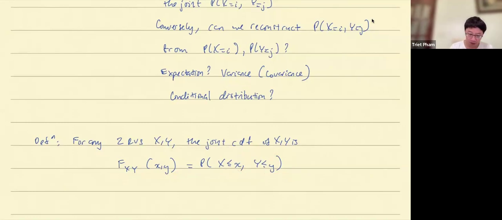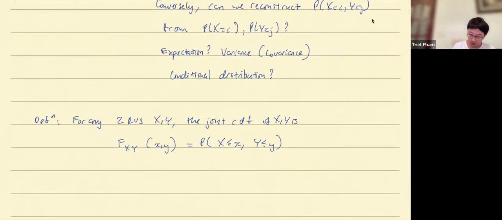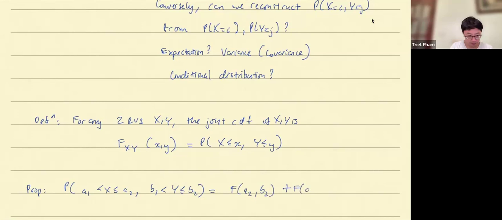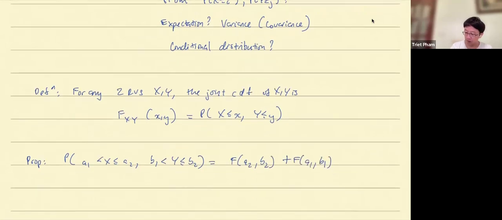Maybe something like this is obvious, but proposition: the probability that A1 is less than X, which is less than or equal to A2, and B1 is less than Y, which is less than or equal to B2, is F(A2, B2) plus F(A1, B1) minus F(A1, B2) minus F(A2, B1).